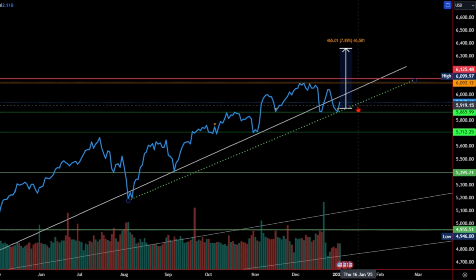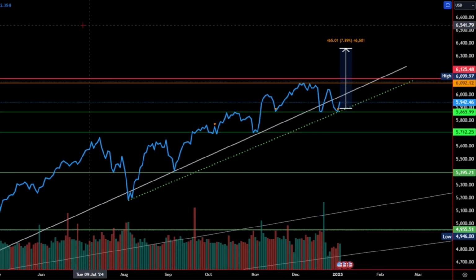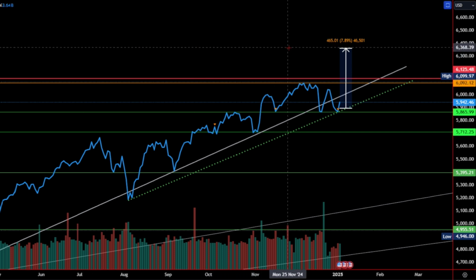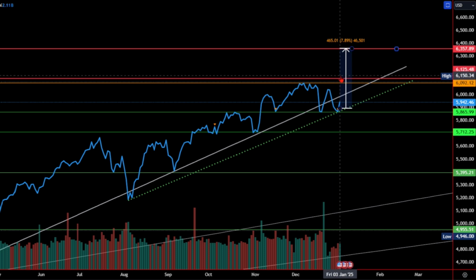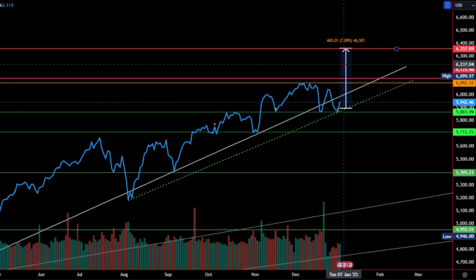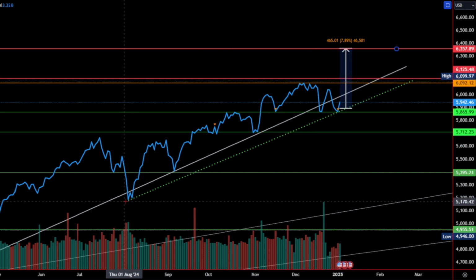If we get another rally up, we're looking for S&P to be $6,357, and we could move up another 8%, like we did over here in this rally.